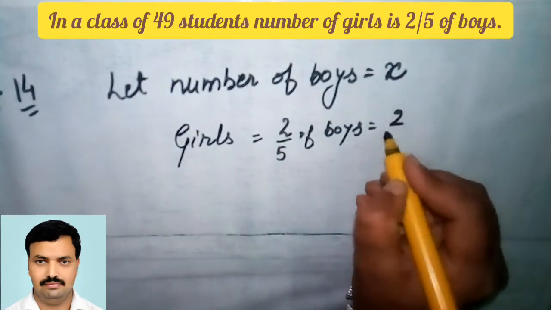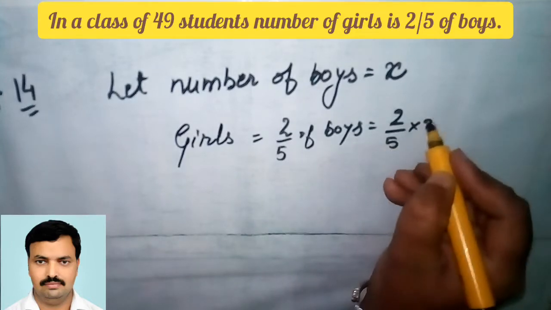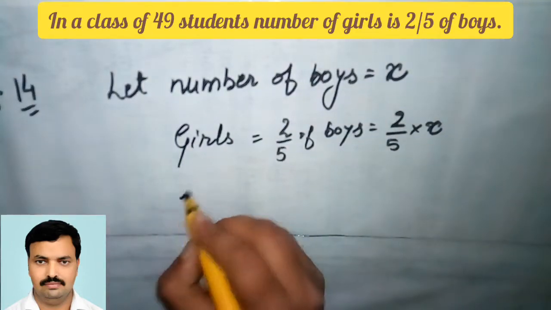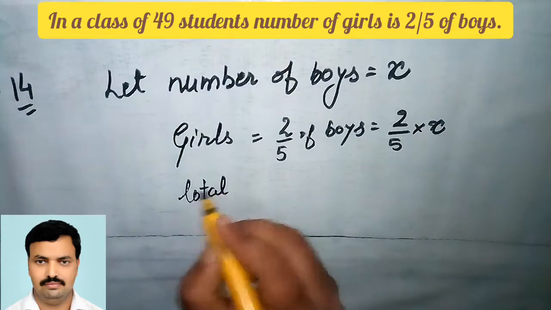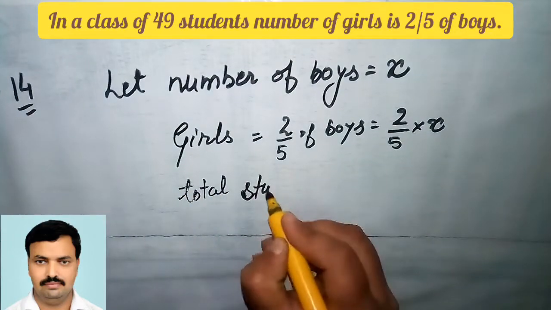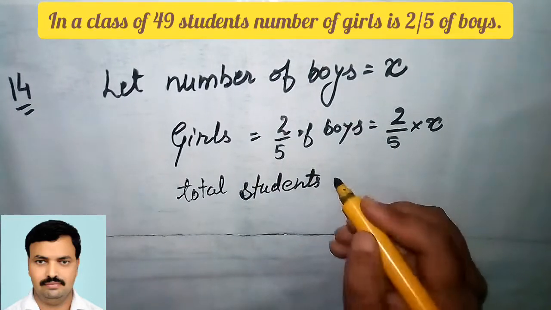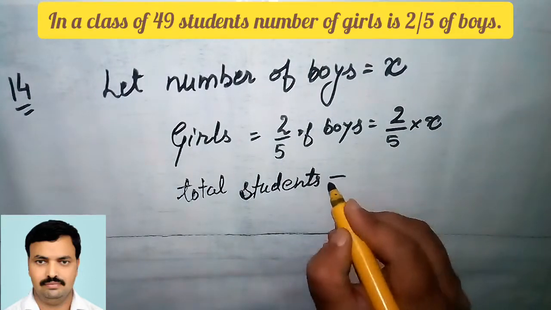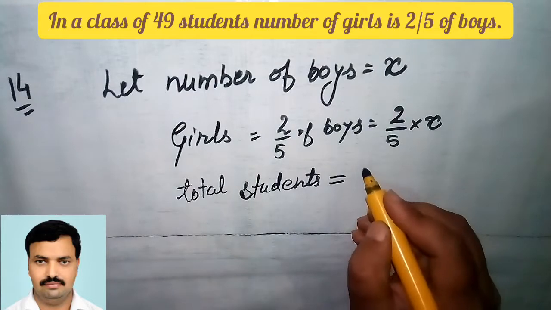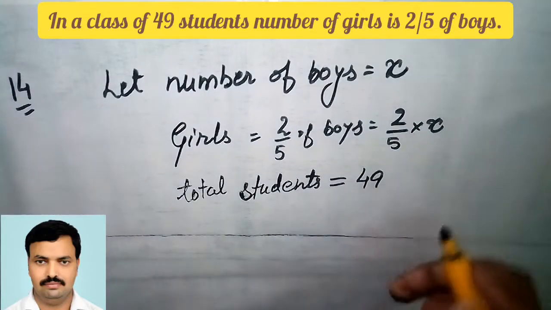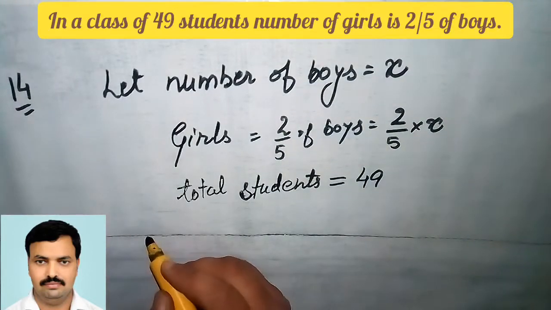So you can say 2 by 5 into x. And total students are 49. It is given in the question that the total students are 49.